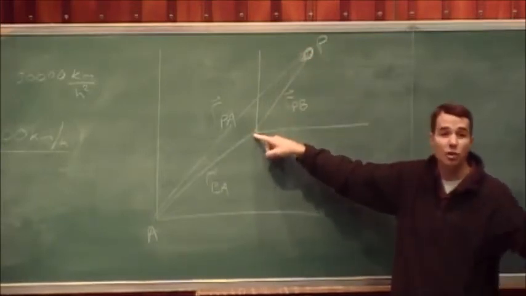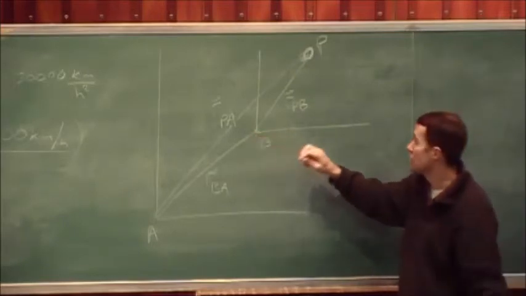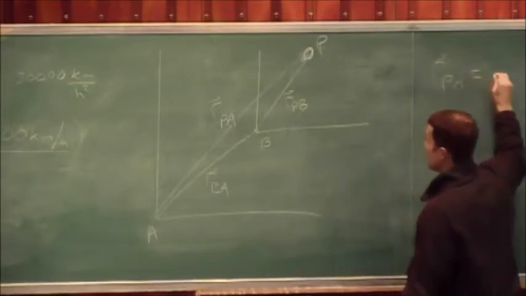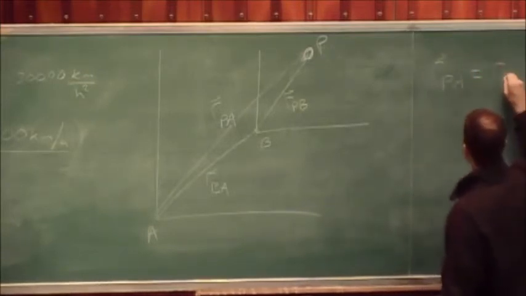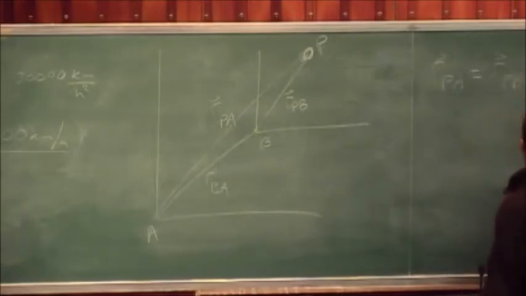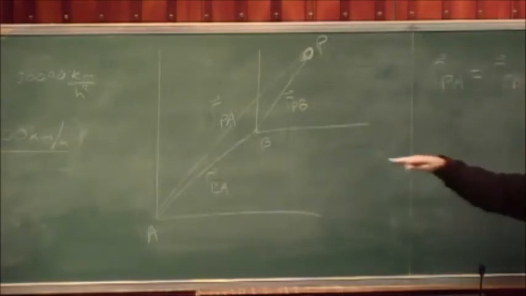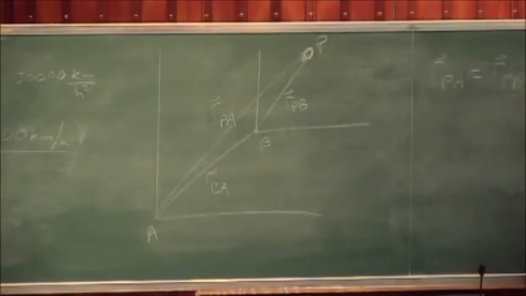Now you can see, just doing vectors again, how these are related. And we see that R_PA is equal to R_PB plus R_BA, just as we did before. But now we're doing the vector sum rather than just that linear sum of those components.